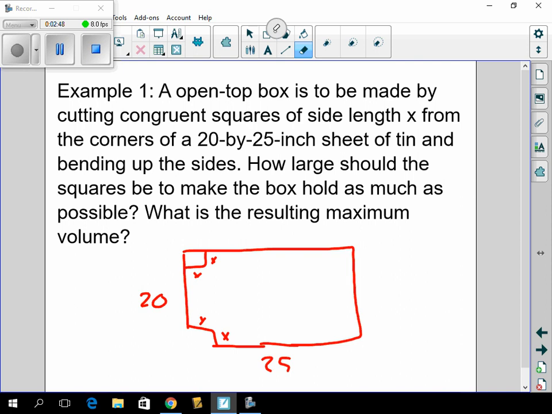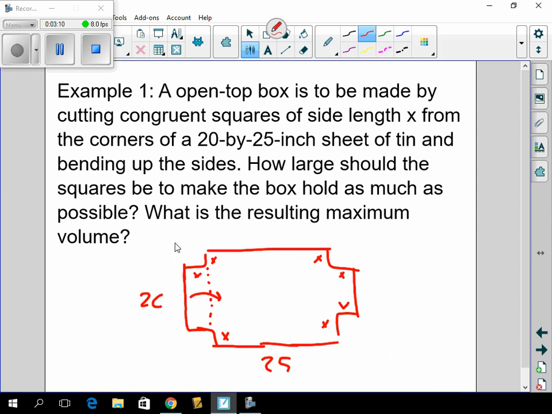So I kind of think of this almost as 3D. So I cut these squares and then I fold this side up and over, and it folds at that line. The same thing is happening over here. I'm folding it at those points, and I want to find the values of x that are going to make this volume the maximum.